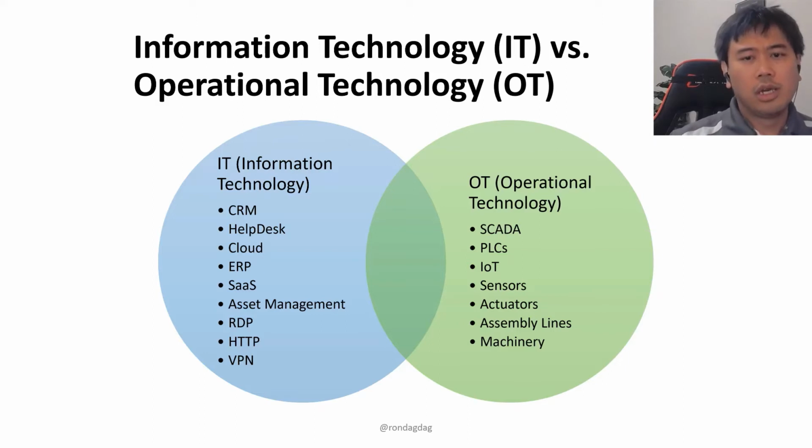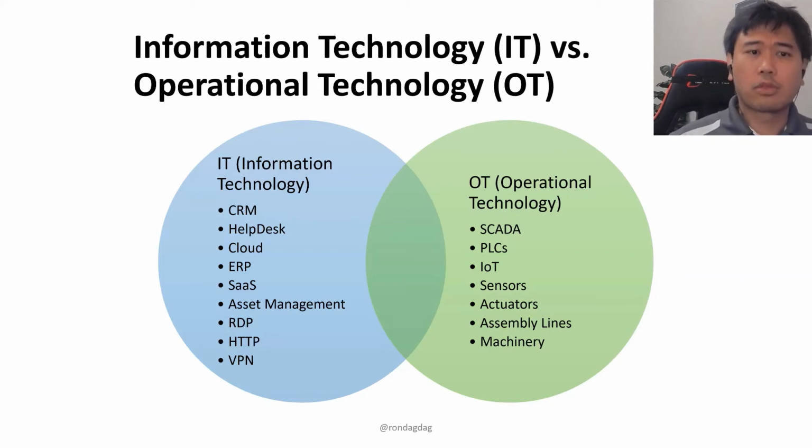Operational technology has been part of all the manufacturing systems. That's when we talk about SCADA systems, PLC, Internet of Things, the sensors, the actuators, and all these different machinery and assembly lines. There's data being collected there locally, and the people that maintain that are typically part of operational technology.